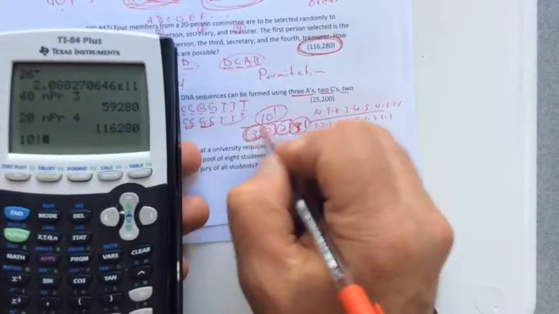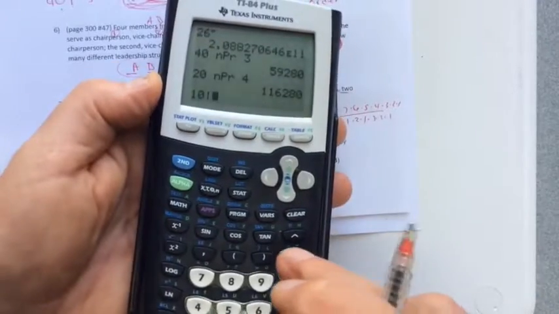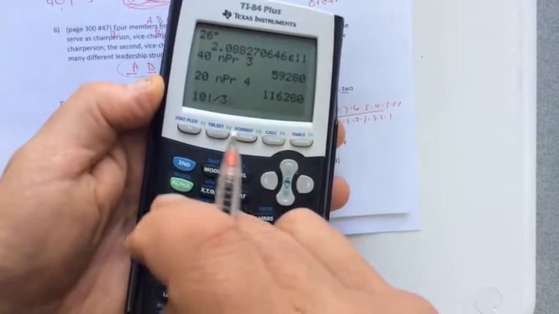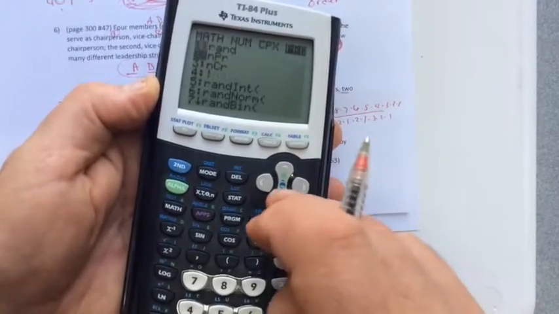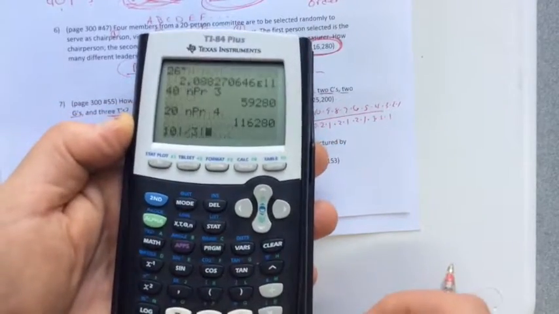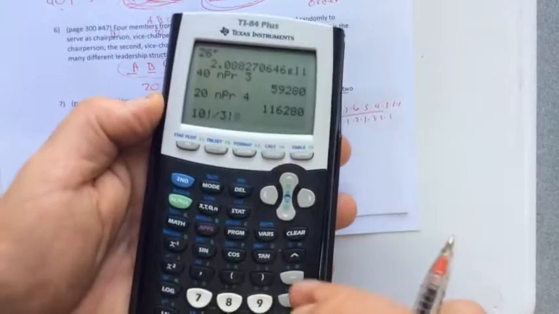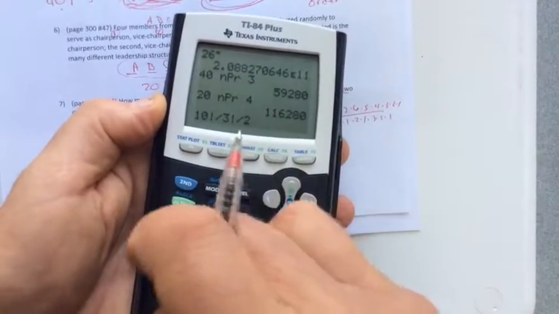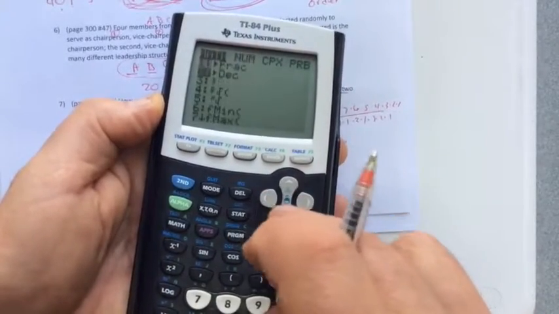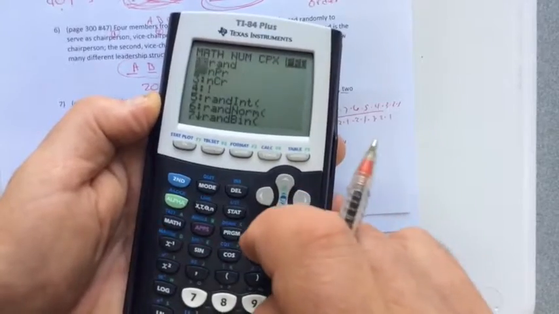Let's divide it by 3 factorial. So divided by 3, math probability, factorial. And then divide it by this one. So don't hit enter yet. Just keep dividing by 2 math probability factorial.